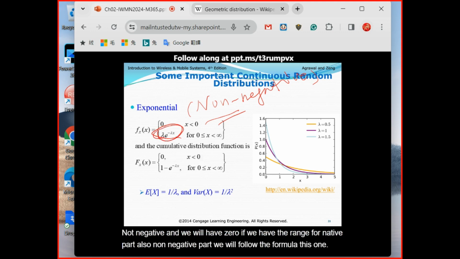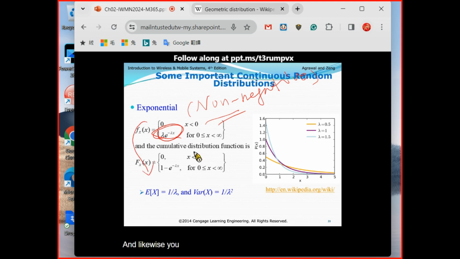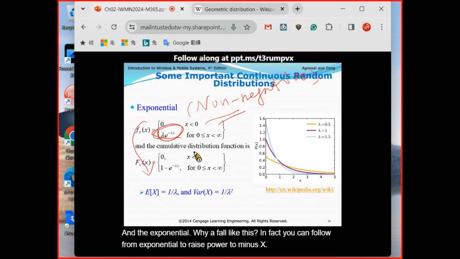Likewise, you can try the derivation. And why a form like this for exponential? In fact, you can follow from e raised to the power of minus x, but you can scale it, so we have a scalar lambda here. And the scalar lambda has some meaning. For example, with lambda, we have 1 over lambda to denote its mean.